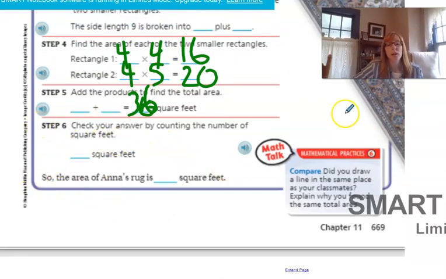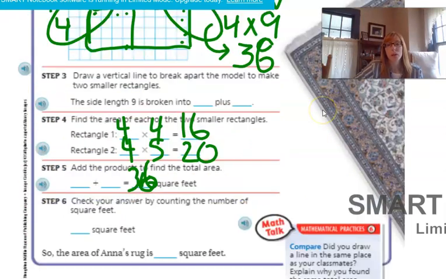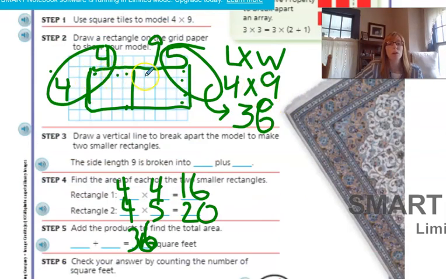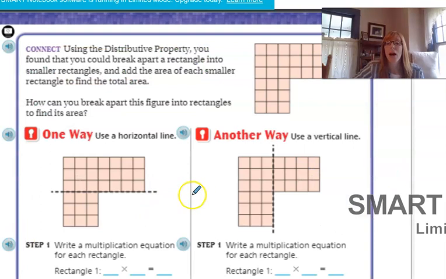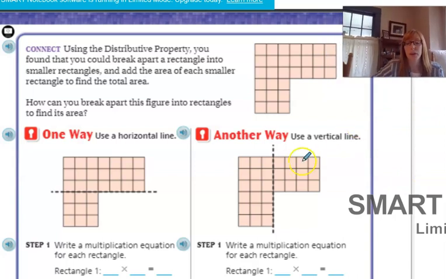So it says check your answer by counting the number of squares. There would be 9 plus 9 is 18 plus 9 is 27 plus 9 is 36. So we broke apart something big and we made smaller numbers, so it wasn't so hard for us to come up with the answer.